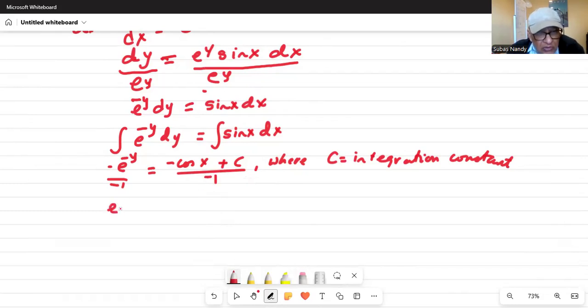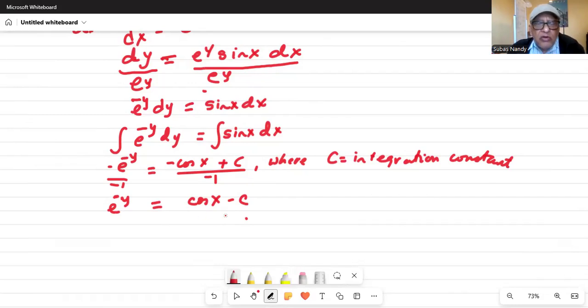So this becomes e to the power of y, because minus 1 and minus in the numerator cancel, is equal to cosine x, and we can get a new constant c1, or cosine x minus c. And I didn't forget the minus y over here.